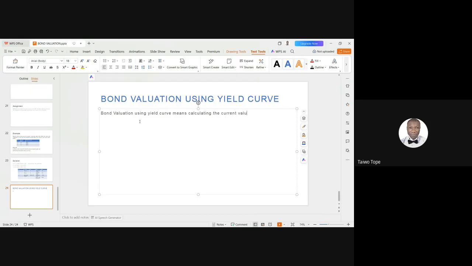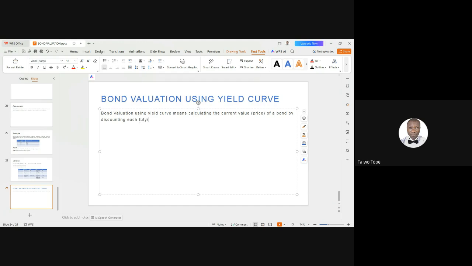The current value simply means the price of a bond by discounting each future cash flow.